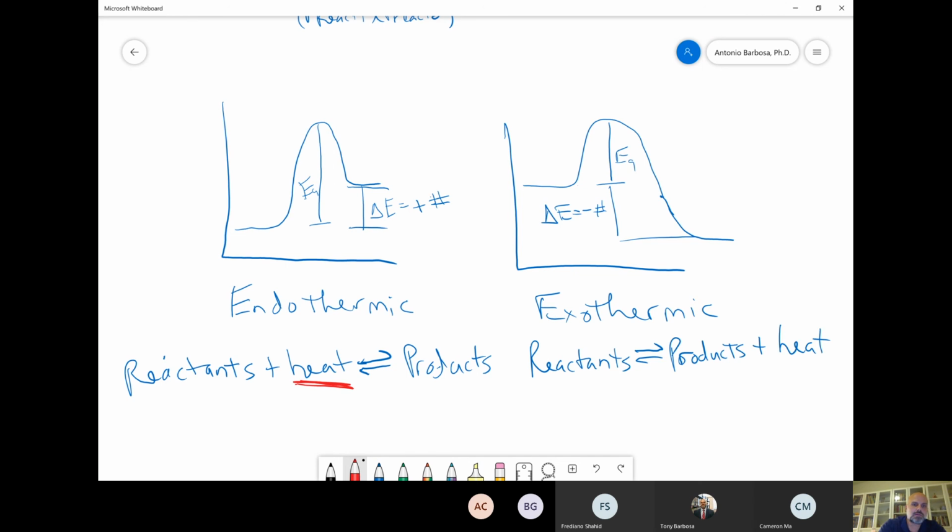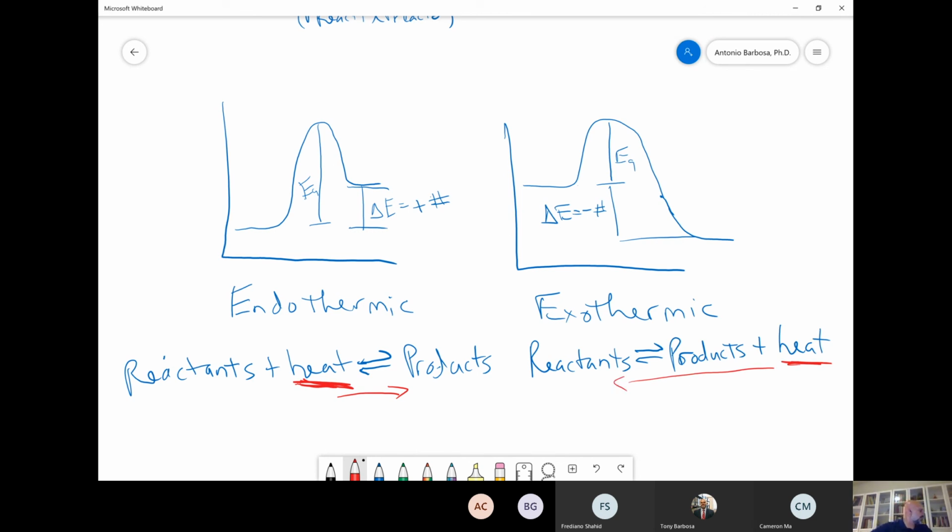So when we add heat to the reaction on the left, we're placing a stressor on the left-hand side of the reaction, so that we're going to shift the equation towards the products. Whereas in an exothermic reaction, when we add heat, we're going to shift in the direction of reactants.